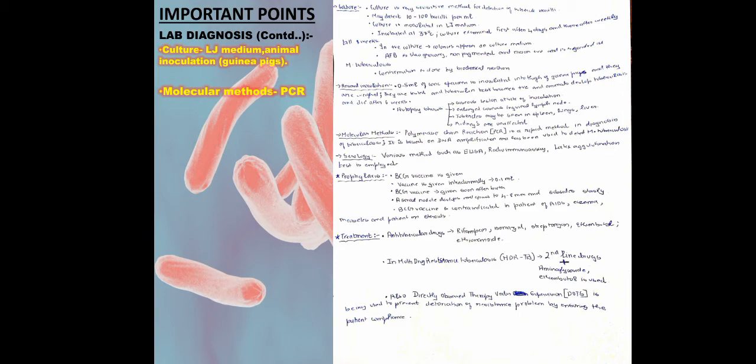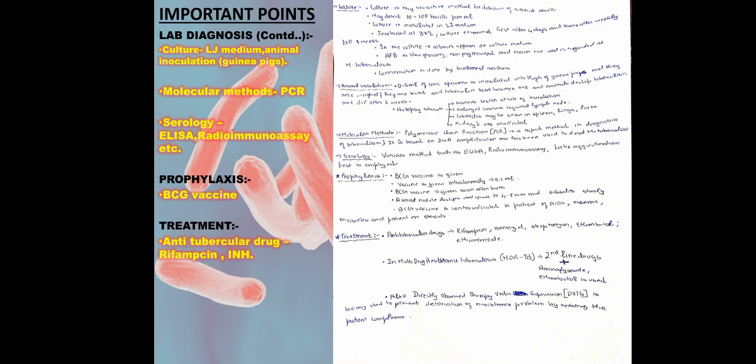The molecular methods will include the PCR, that is polymerase chain reaction, and the serology will include enzyme-linked immunosorbent assay, that is ELISA, the radioimmunoassay, etc. Also, the prophylaxis will include the BCG vaccine, which is an important vaccine for tuberculosis, and the treatment will include the anti-tubercular drugs, that is rifampicin, isoniazid, ethionamide, streptomycin and ethambutol, and for MDR-TB, the second line drugs plus aminoglycosides plus ethambutol are given. And finally, the DOTS therapy, that is directly observed therapy under supervision, is done to prevent resistance in the patients.